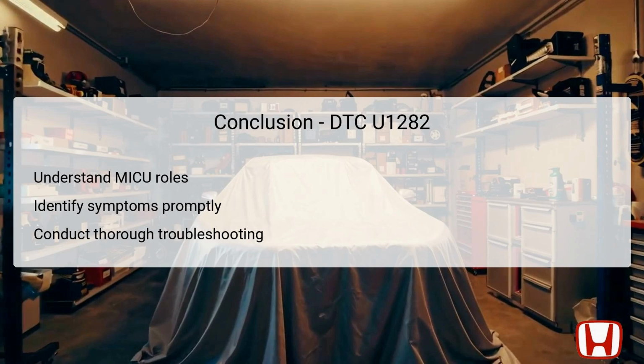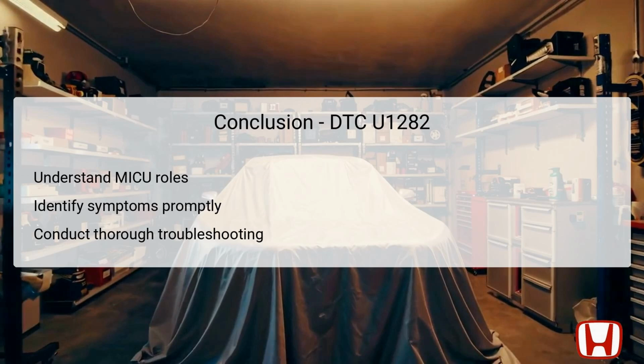Technical knowledge of these systems facilitates a swift identification of issues, enabling timely interventions that can prevent further complications. Conducting thorough troubleshooting steps, as outlined, ensures that both systematic checks and component replacements are performed accurately.